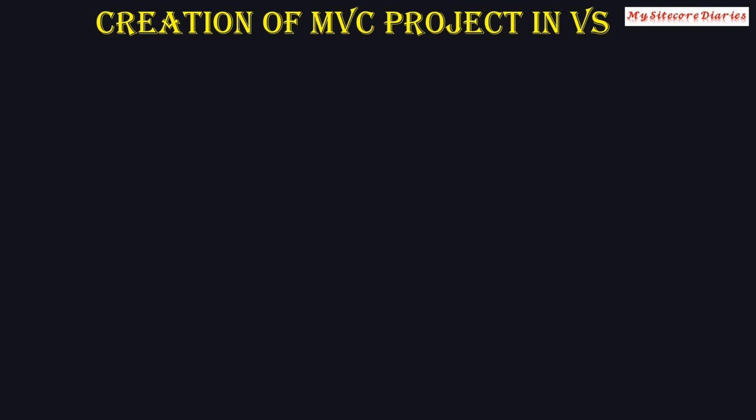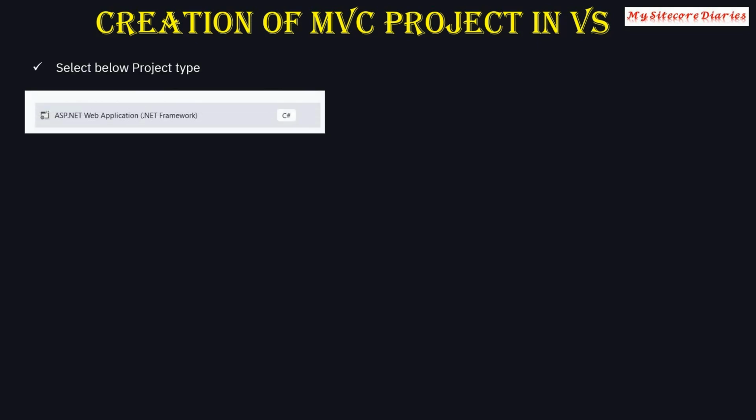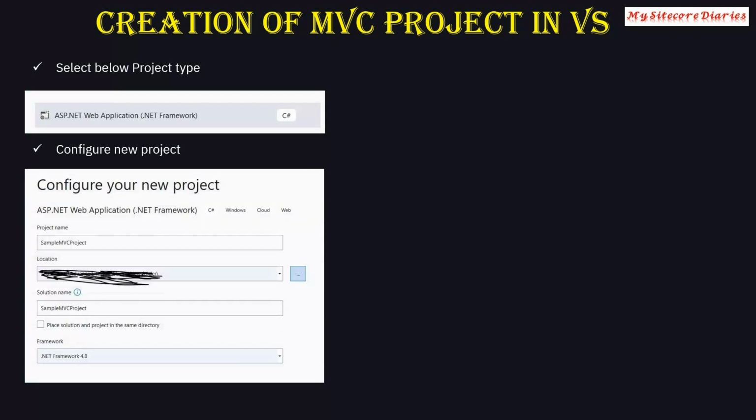So let's see how to create an MVC project in Visual Studio. The type which you have to select is ASP.NET Web Application .NET Framework. Then you have to configure the project with your project name, location, your solution name and the framework.